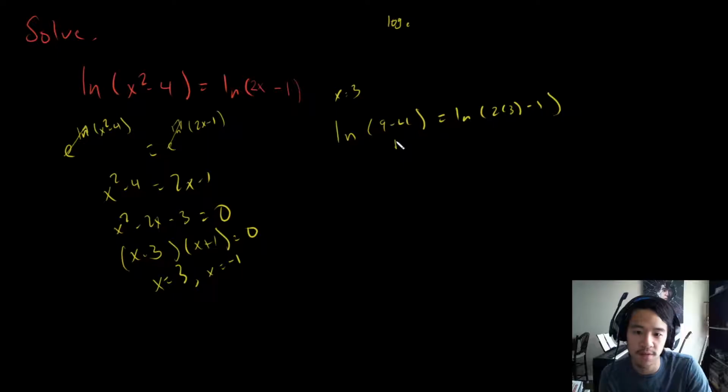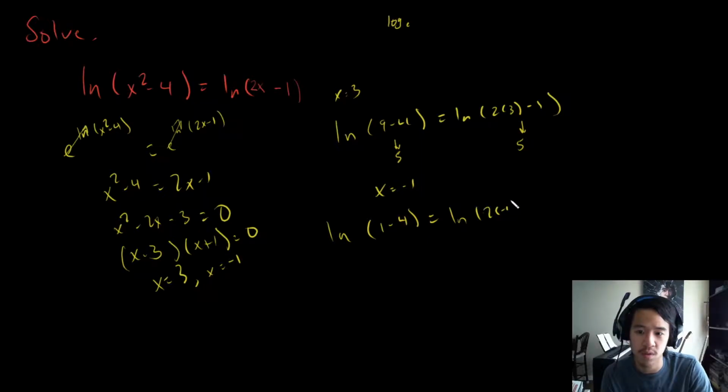So this is 5, and this also is 5. So we're good. What about negative 1? Let's plug it in. So we have ln of negative 1 squared, which is 1, minus 4 is equal to ln of 2 times negative 1 minus 1. So these are both negative 3.